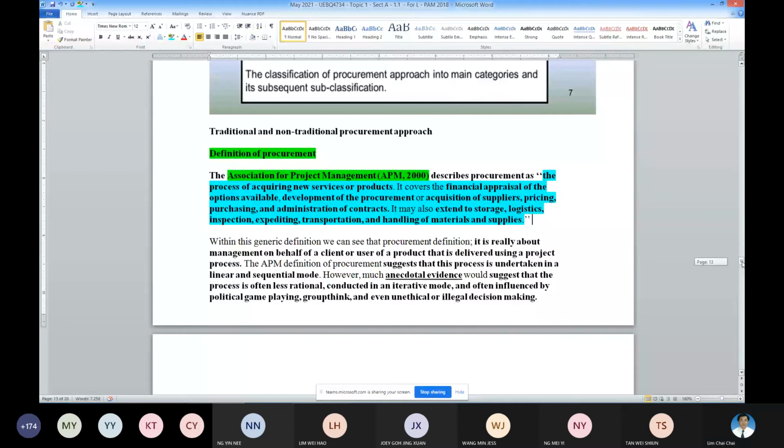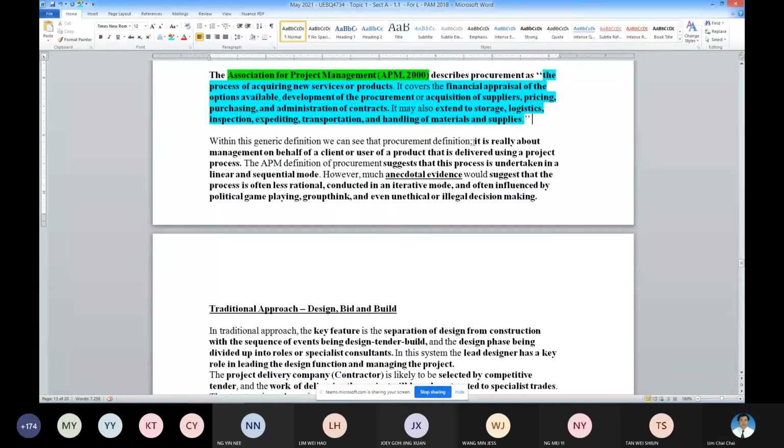So it is about management on behalf of a client, using a proper delivery process. This is procurement. Another view suggests it be taken in a sequential mode, with things done sequentially.